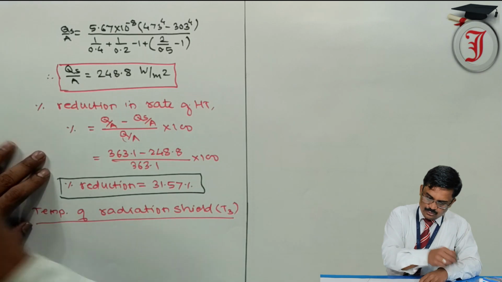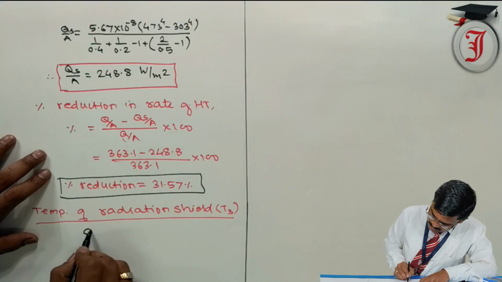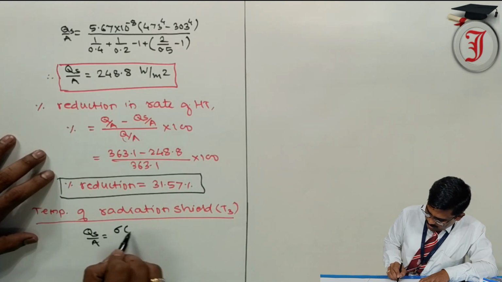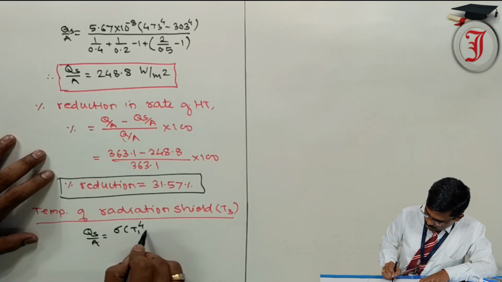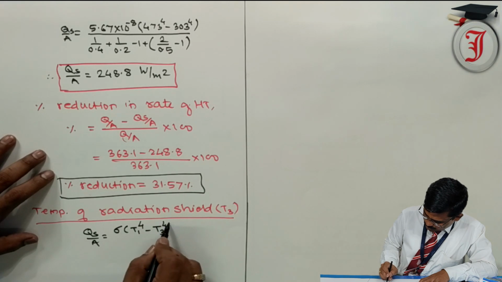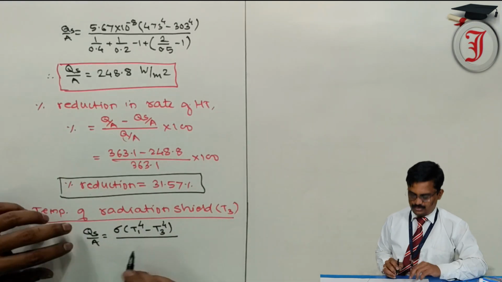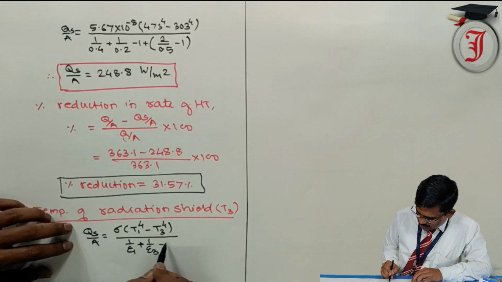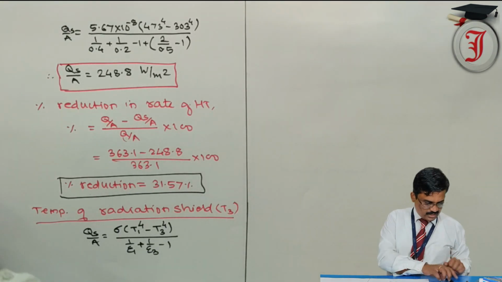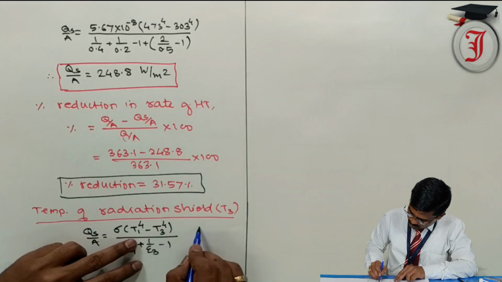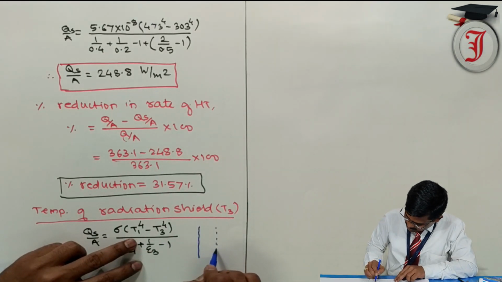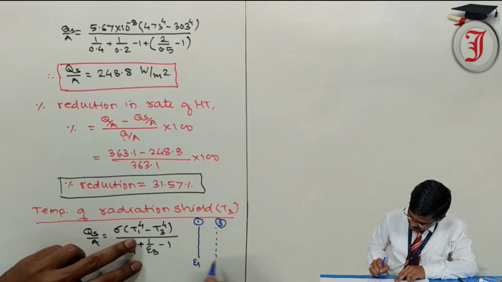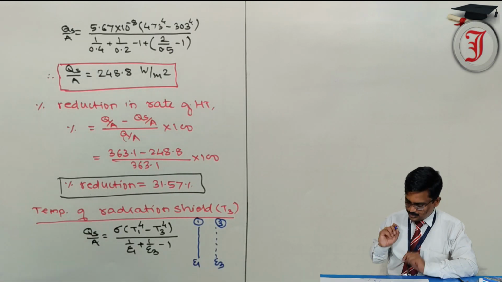So we can write the formula: Qs upon A is equal to sigma (T1 raised to 4 minus T3 raised to 4) upon 1 upon epsilon 1 plus 1 upon epsilon 3 minus 1. While calculating the T3 temperature, we just consider these two surfaces. This is the third surface and this is the first surface.